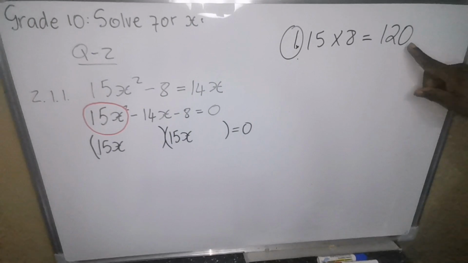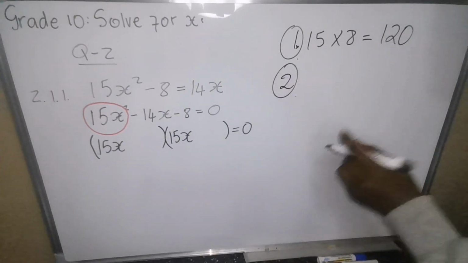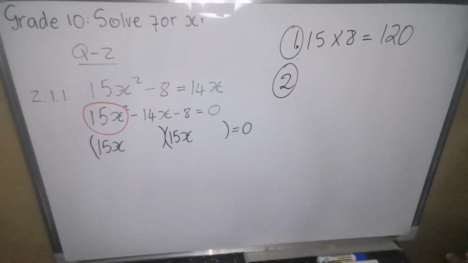Then after you've found 120, you're going to find factors of 120. That's your second step. What are the factors of 120?